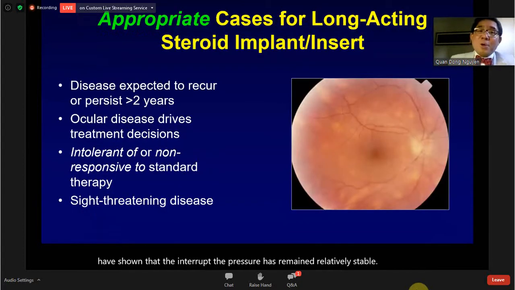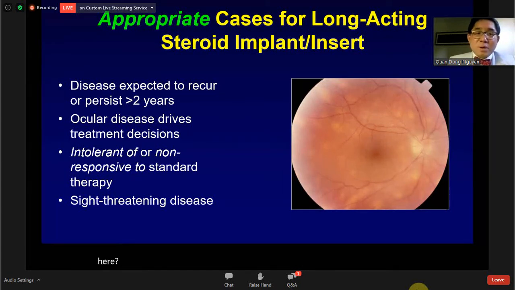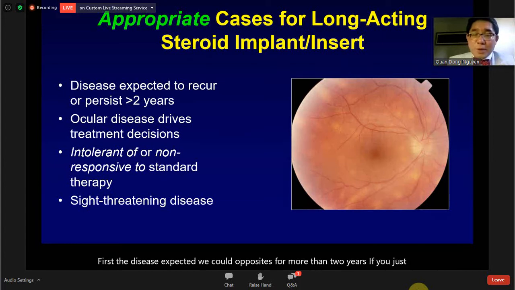So what are some of the appropriate cases for a long-acting steroid implant or insert here? First, the disease is expected to recur or persist for more than 2 years. If we just have a case of unilateral anterior uveitis that we expect to be controlled shortly, that definitely would not be a good candidate for this steroid insert.